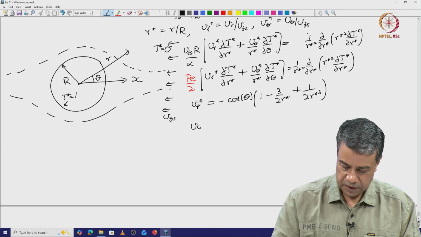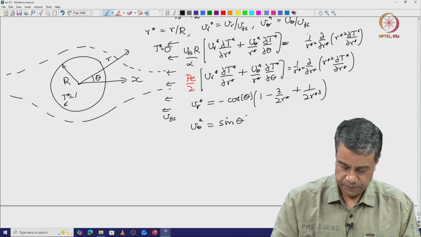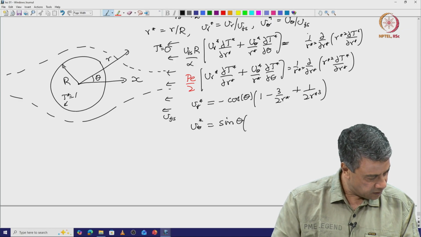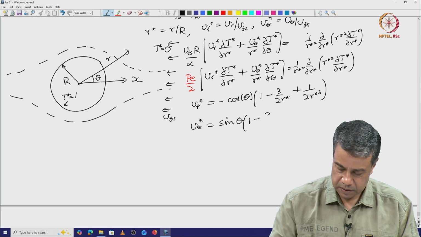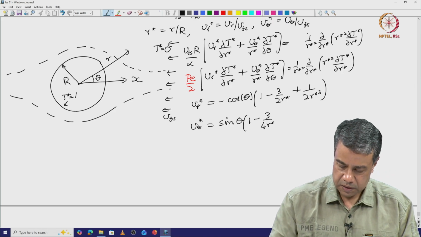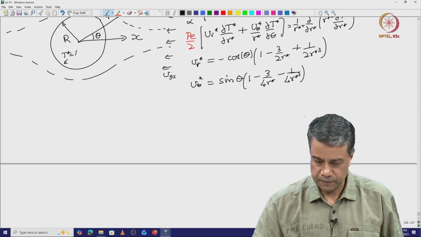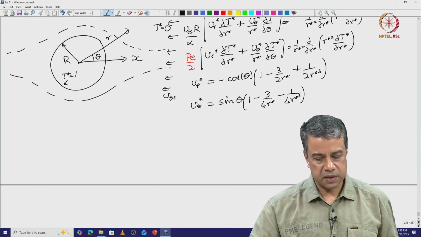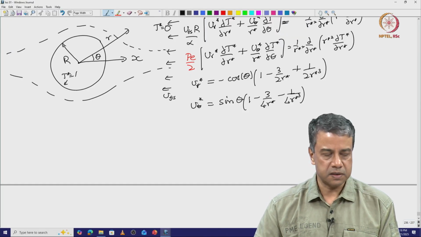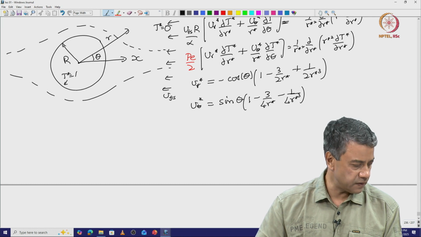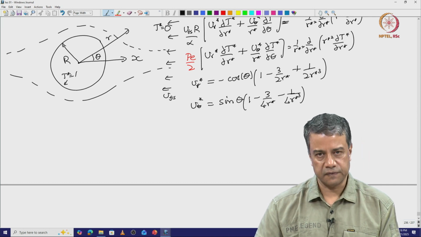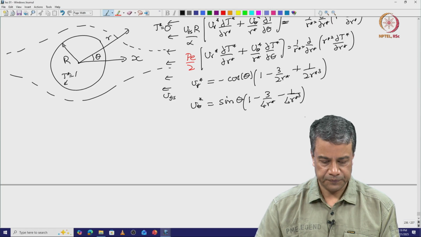V theta is equal to sin theta into 1 minus 3 by 4 r star minus 1 by 4 r star cube. So, those are the equations and the velocity components, and as you can see, with such complicated velocities, it is going to be difficult to solve these equations.